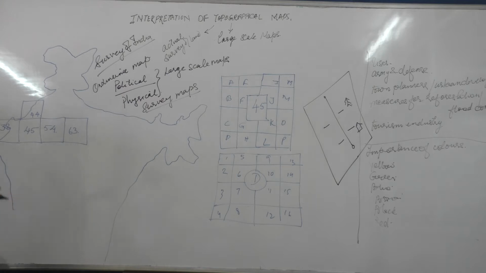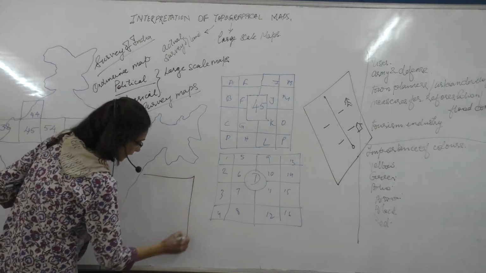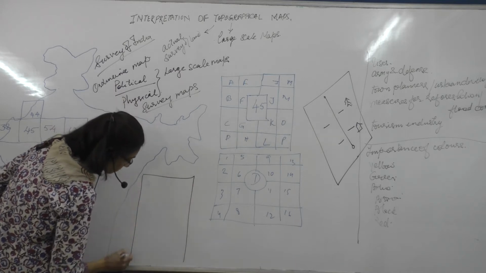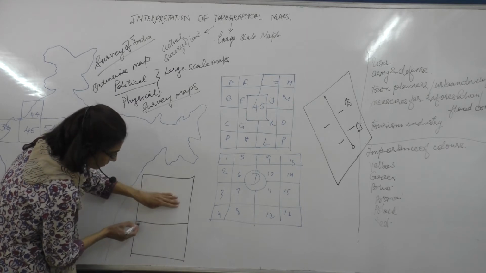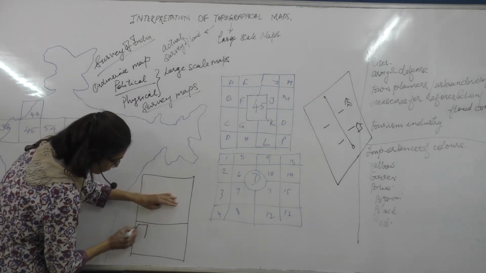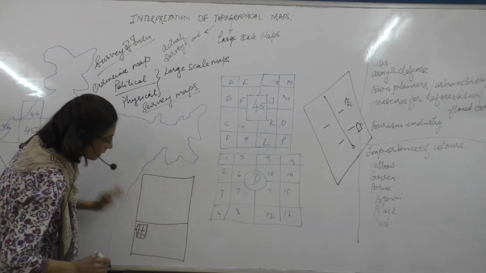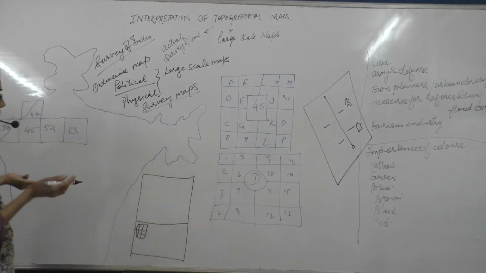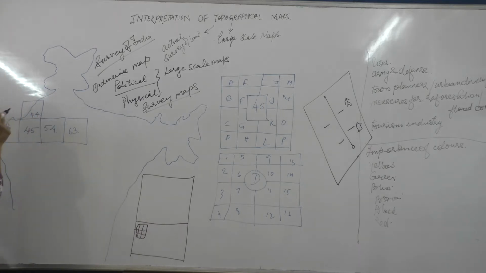Now when you look at these maps, the sheets are something that you get in this manner in the examination. Here is a colored part, and here you get the numbering, which has a number. From that we identify which map it is and which area it belongs to.